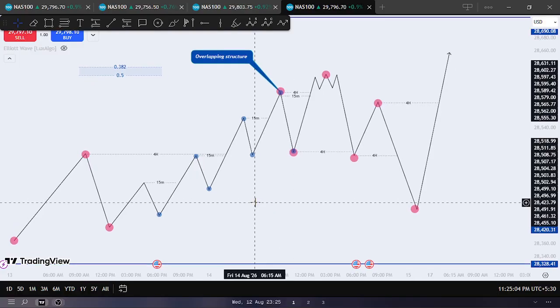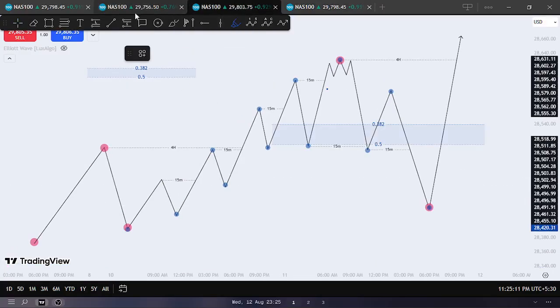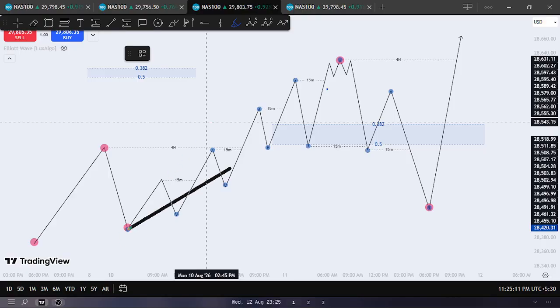Now basically you become a little smarter and you notice, like in the previous section, that the actual impulse was from this low point to this high point.